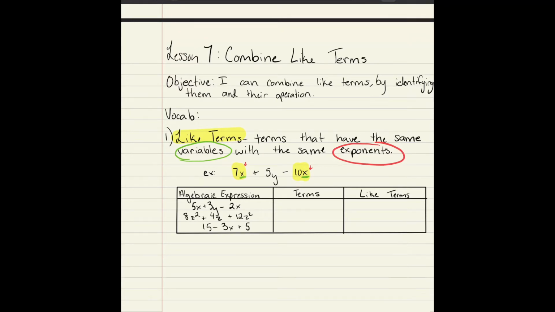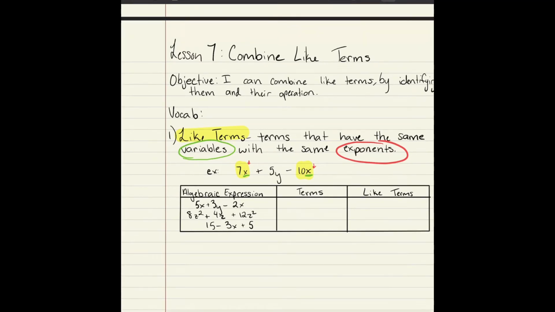So let's look at this chart to help us break it down a little more. On this table, we have 5x plus 3y minus 2x. Remember, terms are anything separated with an addition or subtraction sign.